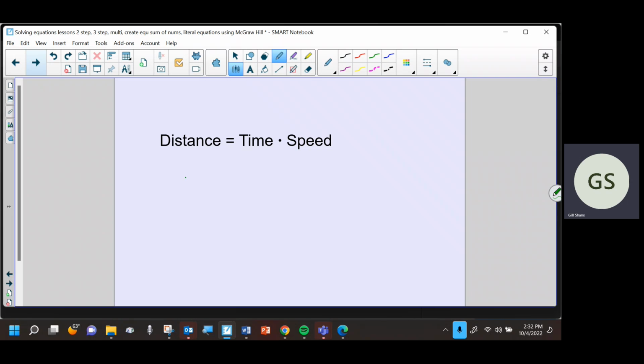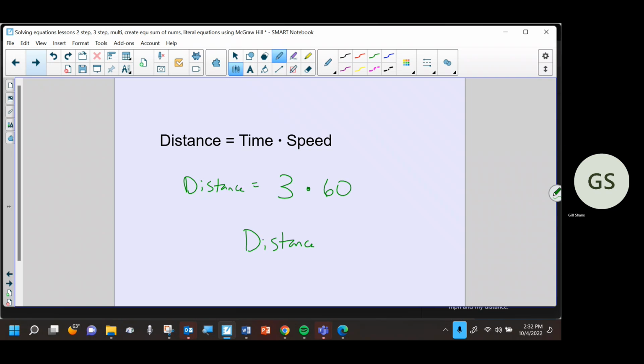So again, if I'm going for 3 hours, I would multiply that by 60 miles per hour, and my distance would be 180 miles.